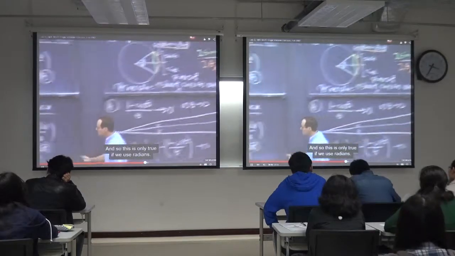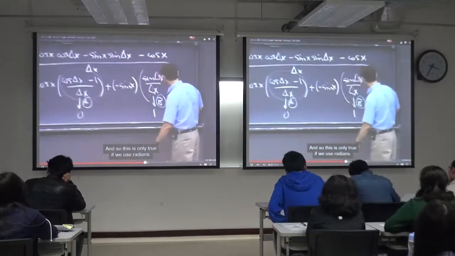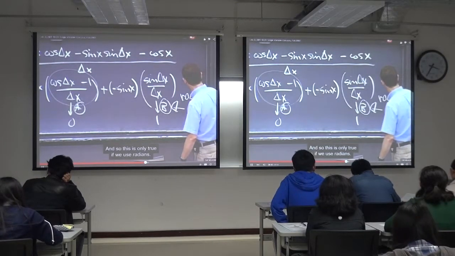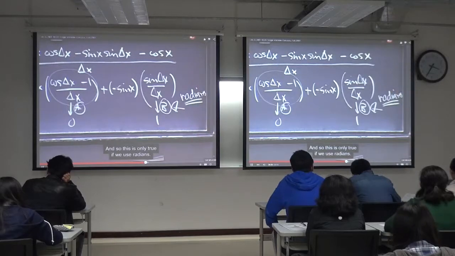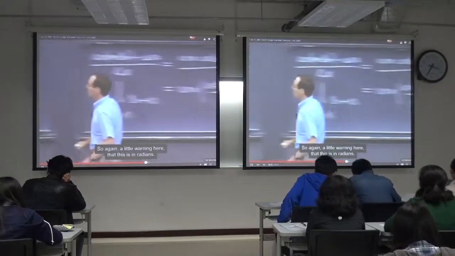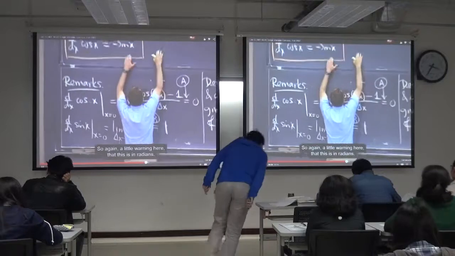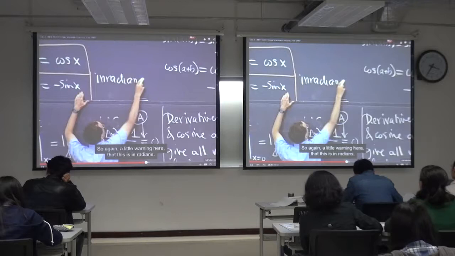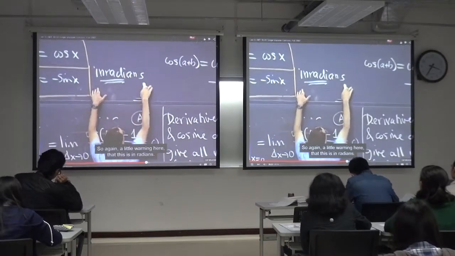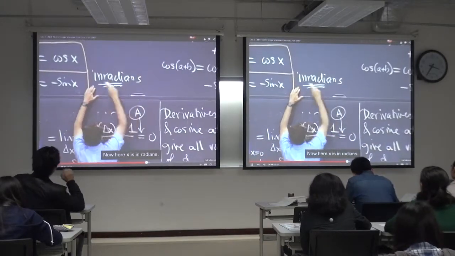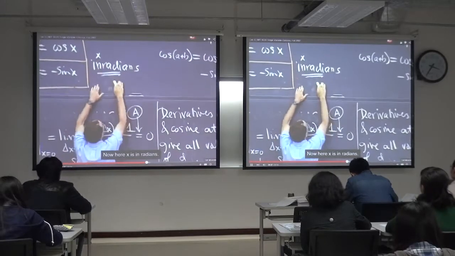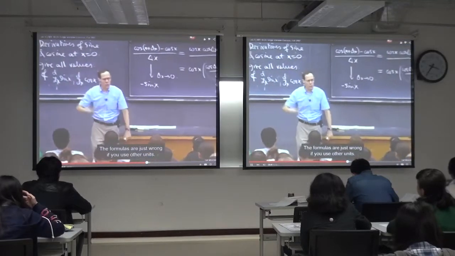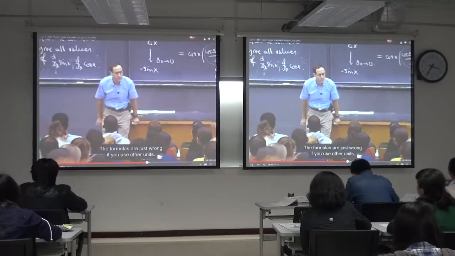And so this is only true here if we use radians. So again, a little warning here that this is in radians. It's X in radians. Here, X is in radians. The formulas are just wrong if you don't use radians.